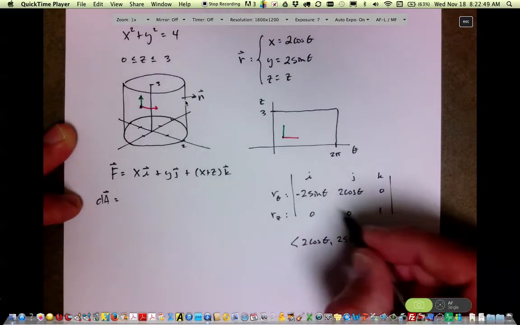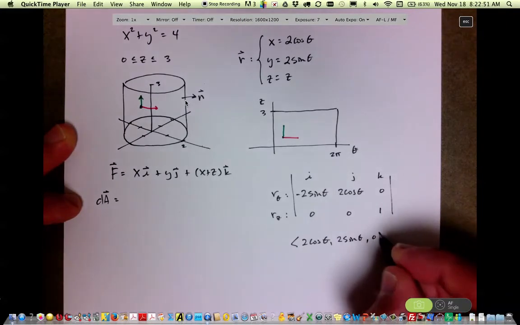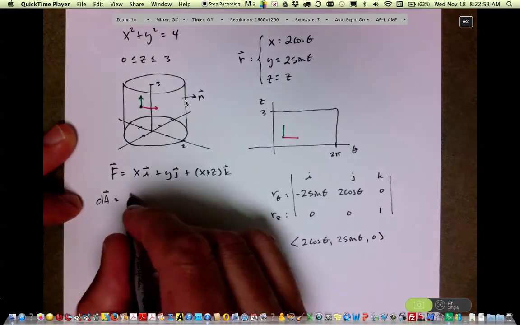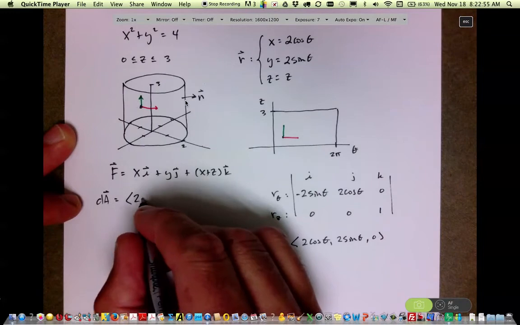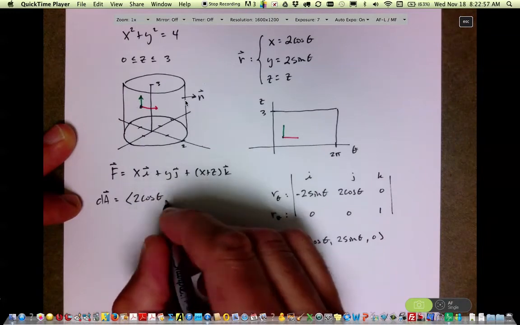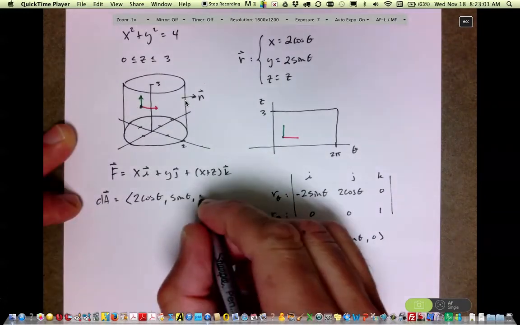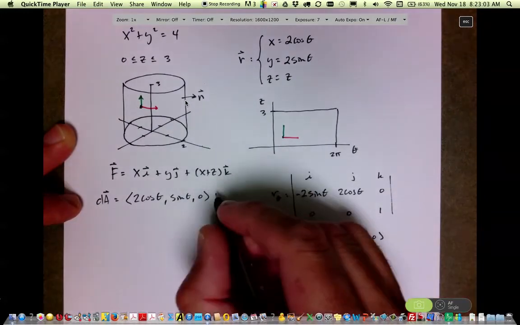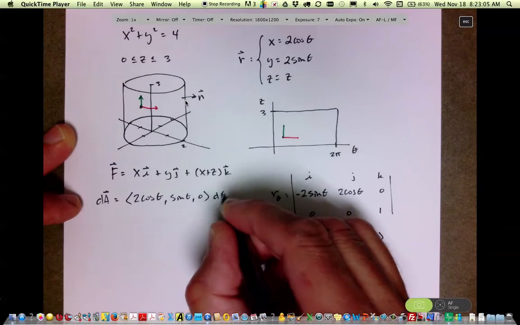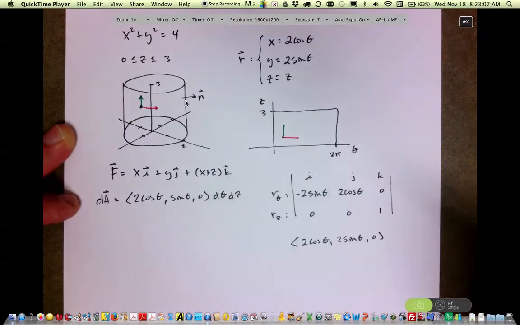And the k component is 0 minus 0, which is 0. So dA is (2 cosine theta, 2 sine theta, 0), and the differential is d theta dz.